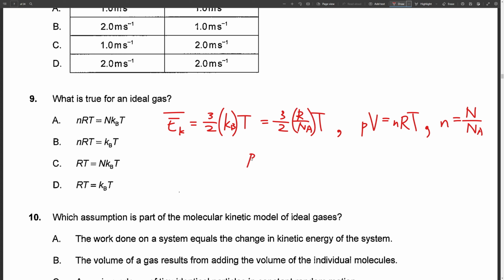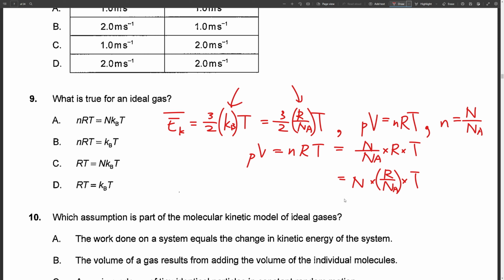Let's continue the equation of pV equals nRT like here. n could be replaced with capital N over NA, times R times T, and then let's rearrange them to make N times R over NA times T. Meanwhile, R over NA is the same as kB, which means we can replace nRT as N times kBT. So the correct answer is A.